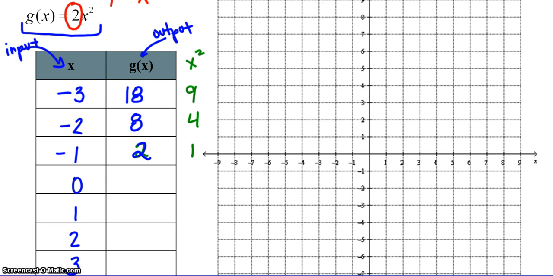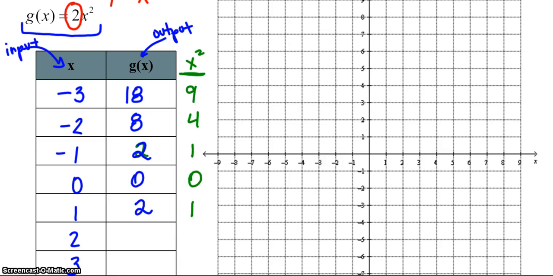When I put a 0 in, 0 times 0 is 0, but then I multiply that output by 2, I still get 0. When I put a +1 in to my function, 1 times 1 is 1. 1 times 2, because I then have to multiply it by the coefficient of 2, and I get 2.